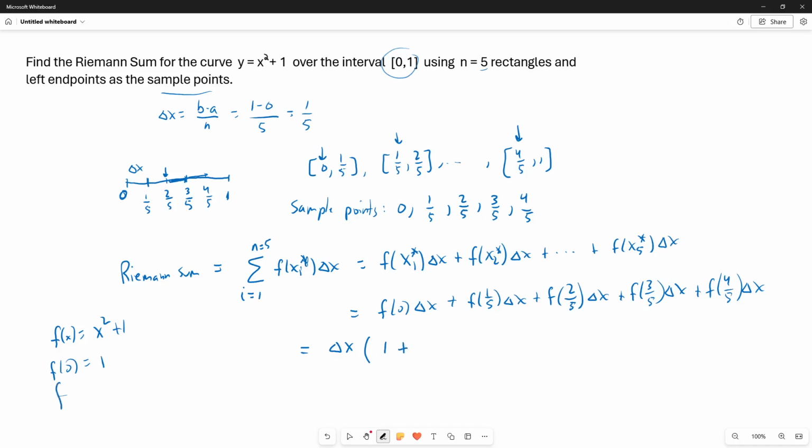Then f of 1/5 is 1/5 squared. 1/5 squared is 1/5 times 1/5, and multiplication is done straight across. 1 times 1 divided by 5 times 5. So 1 over 25, and then plus 1.